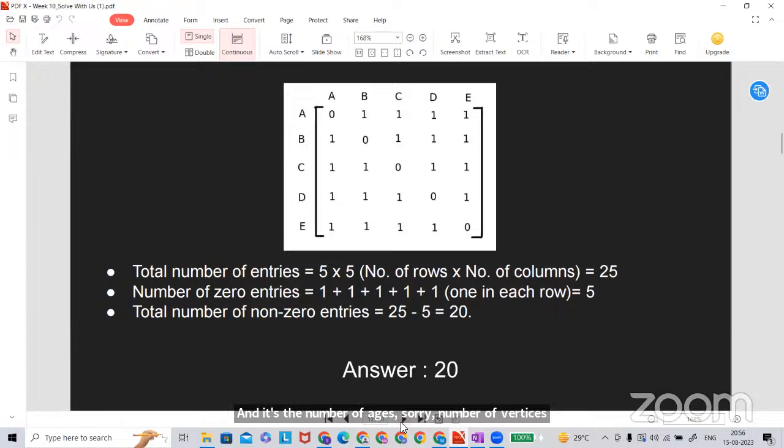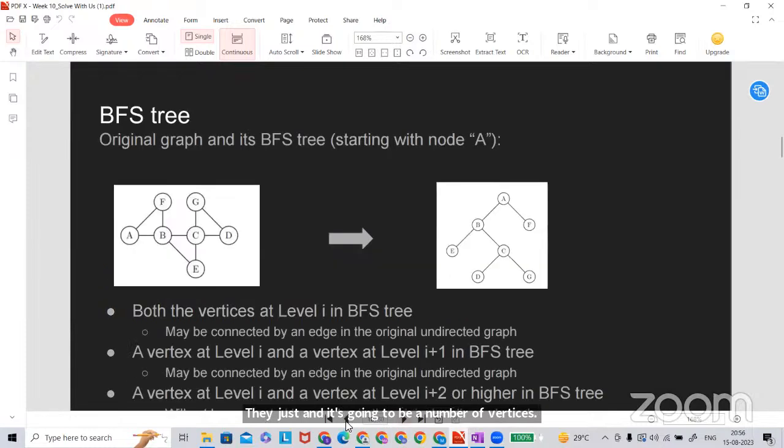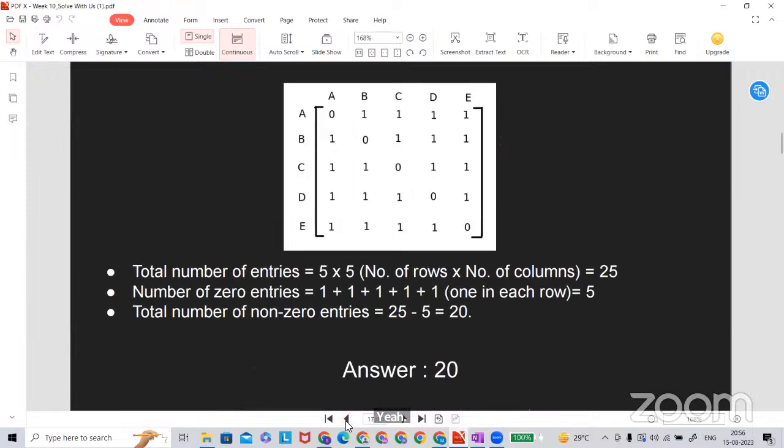The formula n into n minus 1 by 2 shows the number of connections in an undirected graph, the number of connections in one direction.